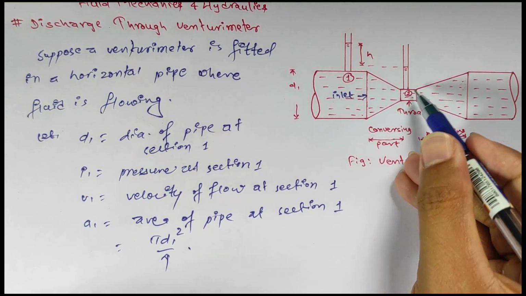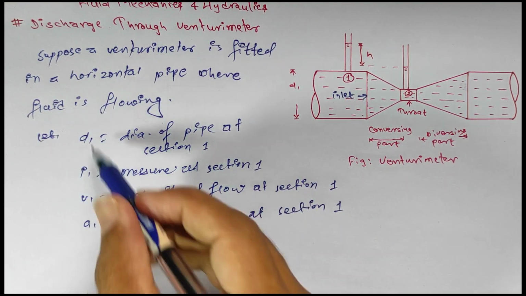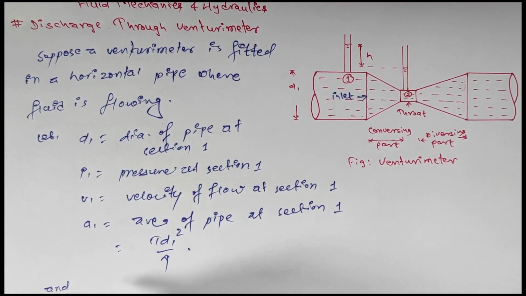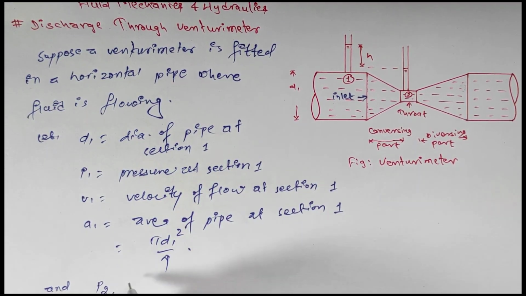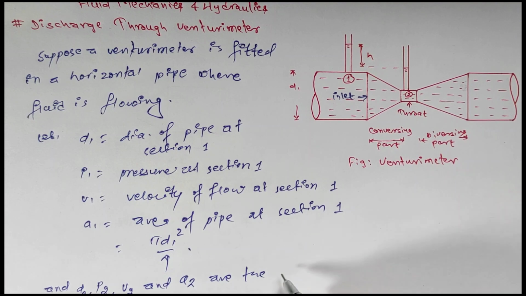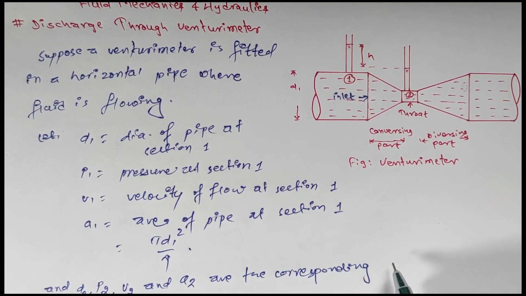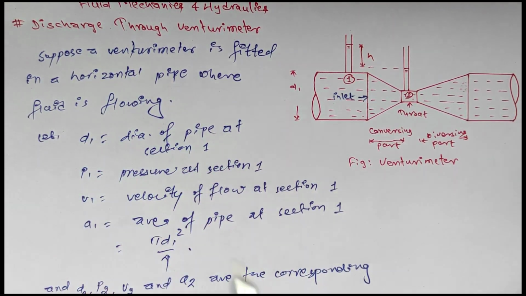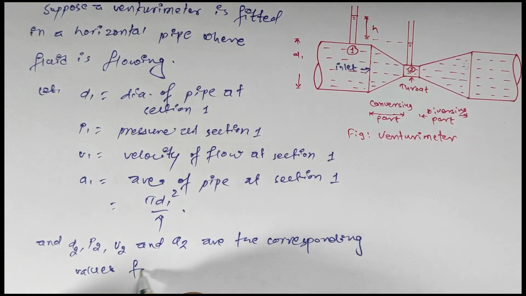Similarly, for section 2, we should also consider these variables: D2 diameter, P2 pressure, V2 velocity, and A2 area are the corresponding diameter, pressure, velocity, and area values for section 2.